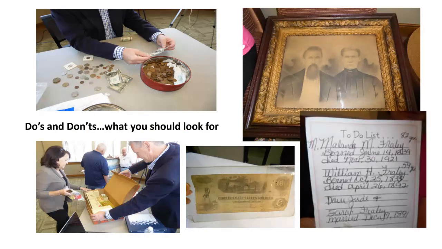Do's and don'ts. There's a lot of do's and don'ts that I would probably change a few more things. These are only a few things. Collections such as coins. Now, you see here he's bringing in a cookie tin with a lot of money in there. They're not going to have a chance, no matter what, to go through every piece of coin that you have.